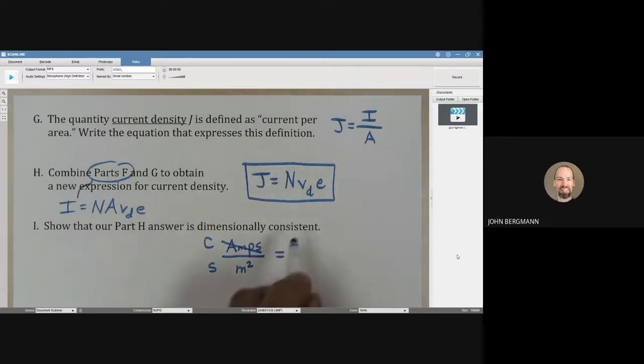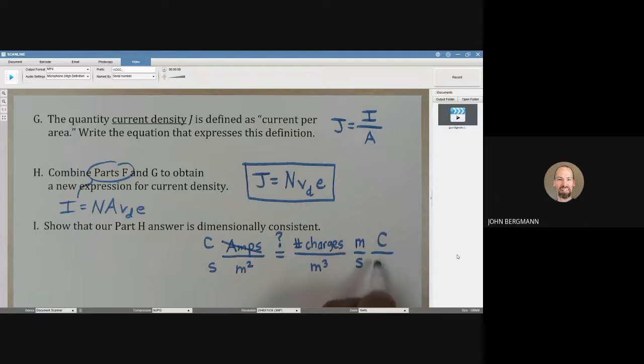On the right side, we have number of charges per cubic meter. Let me put a question mark over that equal sign, to make sure we're checking this out. So n is charges per cubic meter. Drift speed is going to be meters per second, and the elementary charge is some number of coulombs per charge. What happens there? Charge goes away. One of those meters gets canceled. Oh, look at that. Pretty neat. Those units do agree.